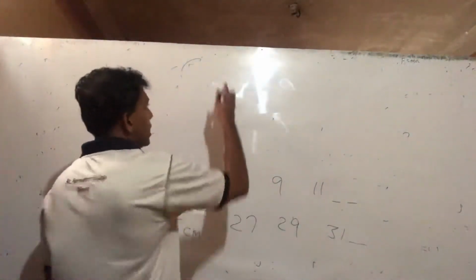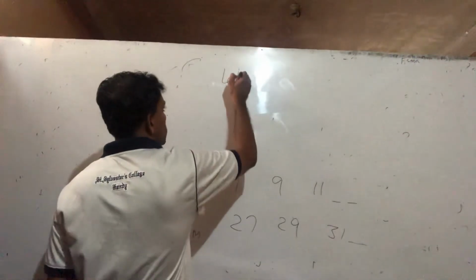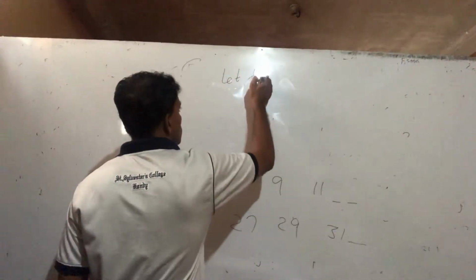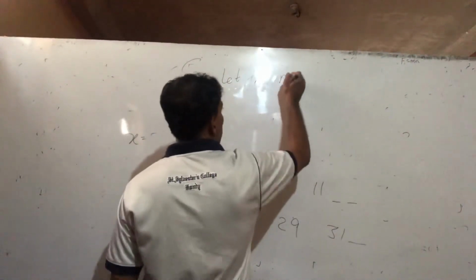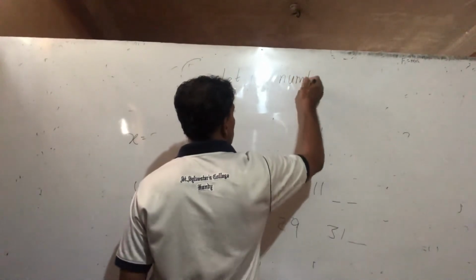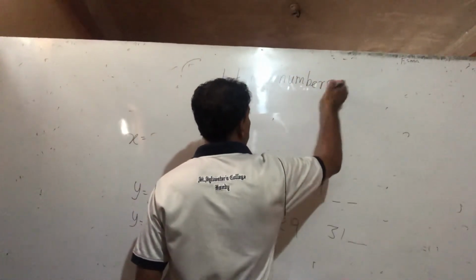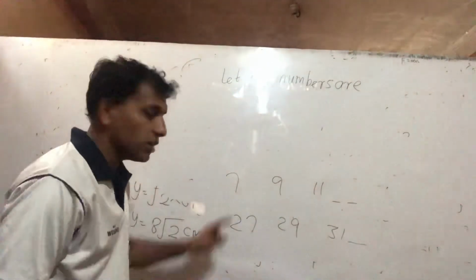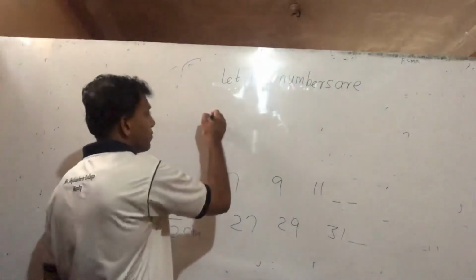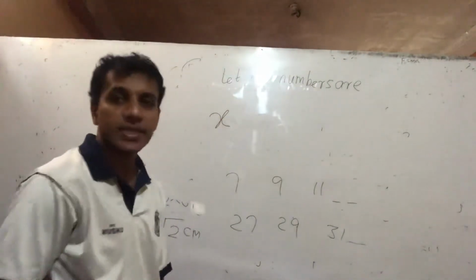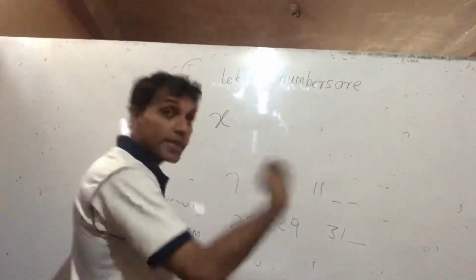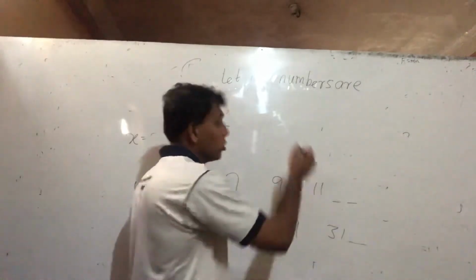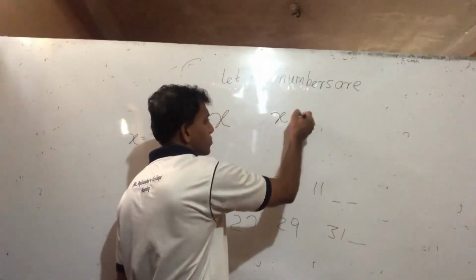Therefore we say, let the numbers be, I say the first number is x. Therefore the other number is what? 2 more, so x plus 2.